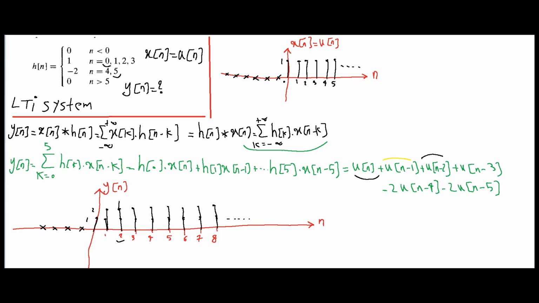The next function is u[n minus 2], which starts from n equal to 2 and adds 1 unit to the previous values. In the same way, the next one is u[n minus 3], which starts from n equal to 3 and is added to the previous one.